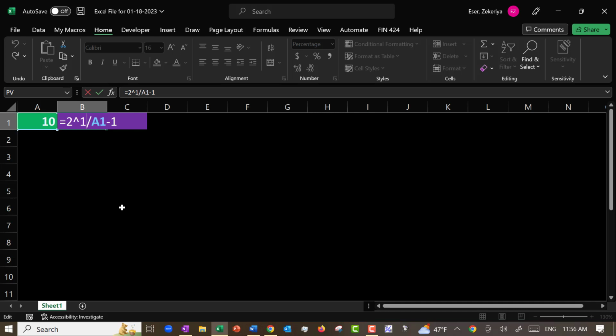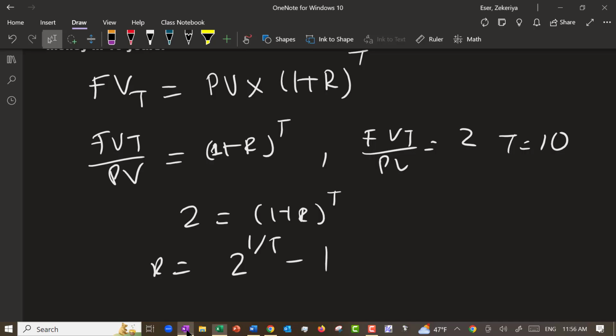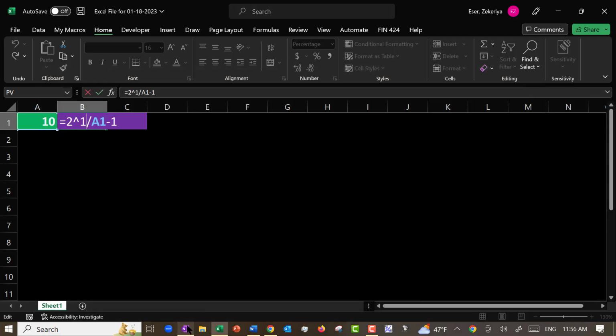I mean, I basically wrote it that way. See, 2 raised to the power 1 over t minus 1. So why did I get a nonsensical answer? What do you think? Because I didn't think about the order of operations.